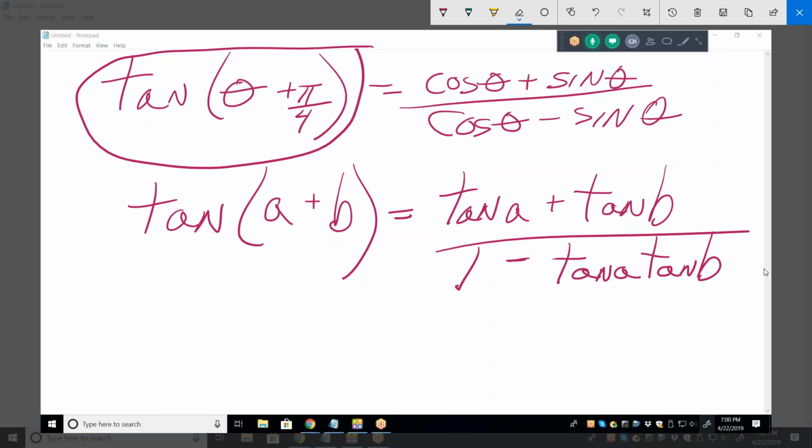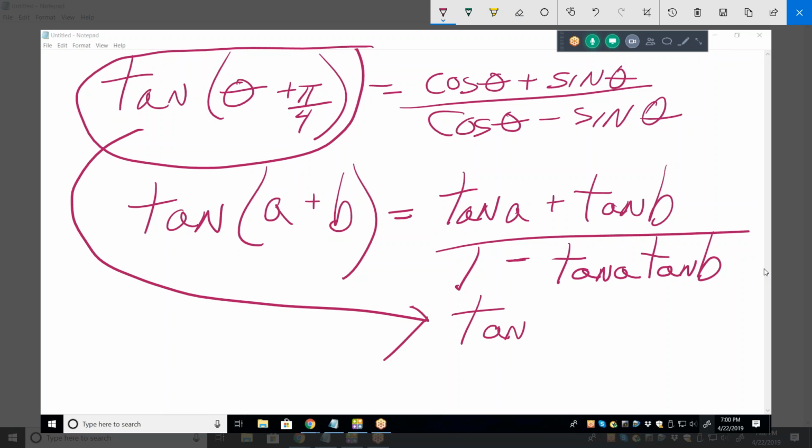So in this case, what does that translate to? In other words, I want to take this, and using that identity, what does it become?